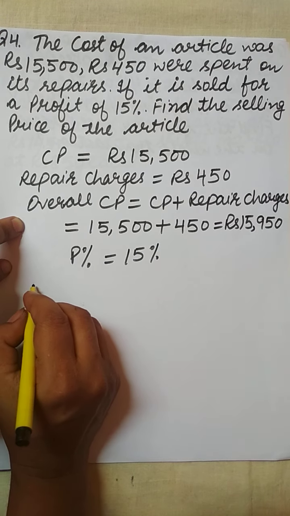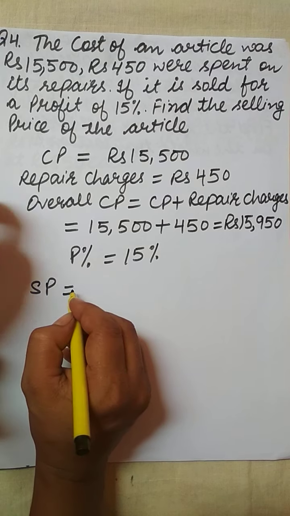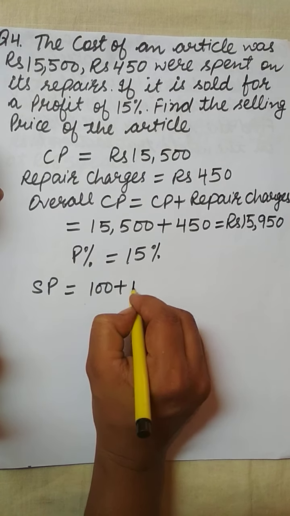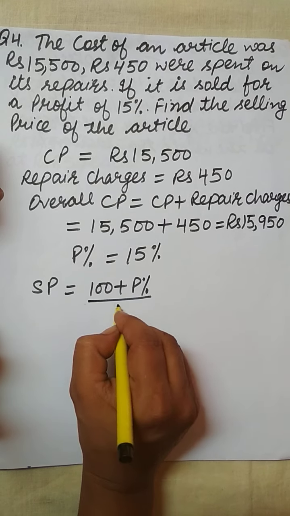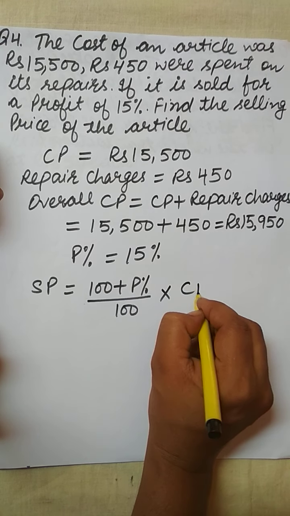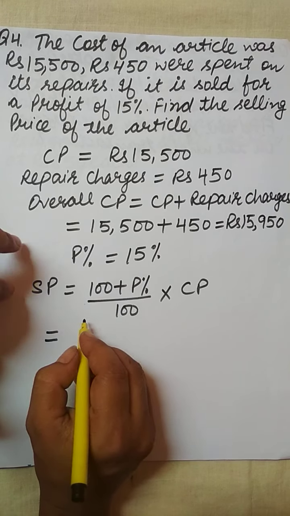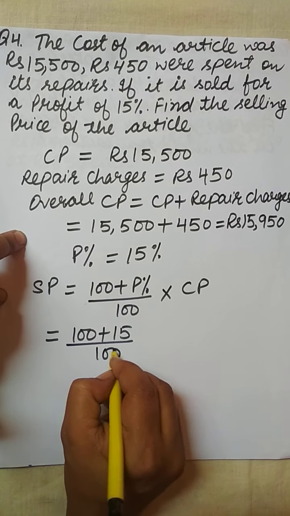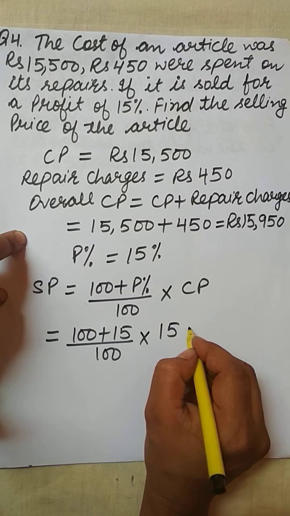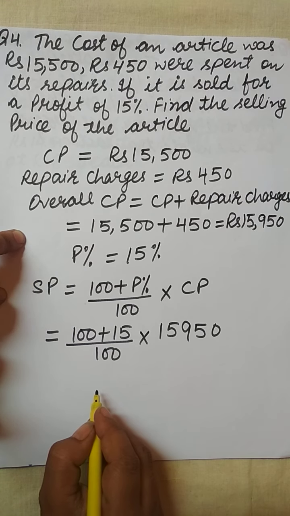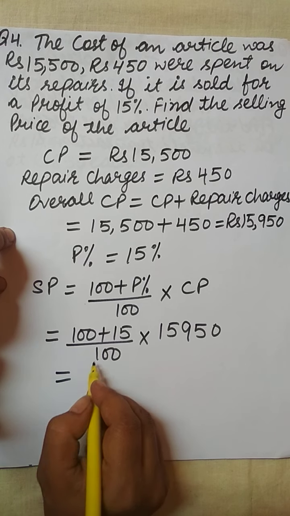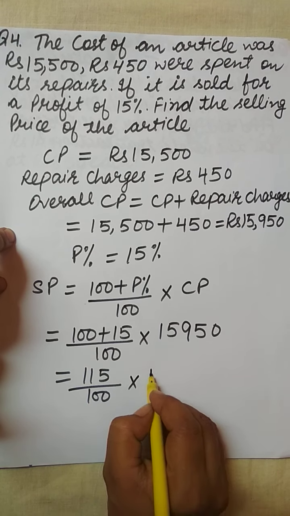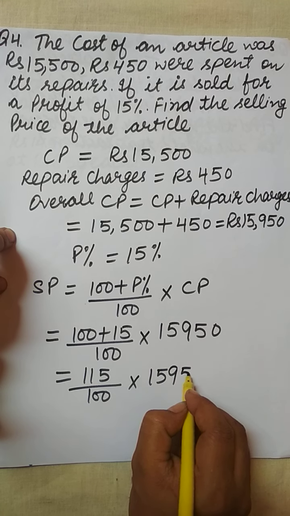Now I have to calculate the selling price, and you know selling price is equal to 100 plus profit percent divided by 100 multiplied by cost price. Substitute the values. 100 plus 15 divided by 100 multiplied by 15,950. So 100 plus 15 is 115 upon 100 multiplied by 15,950.